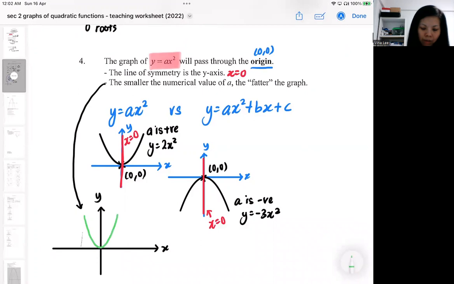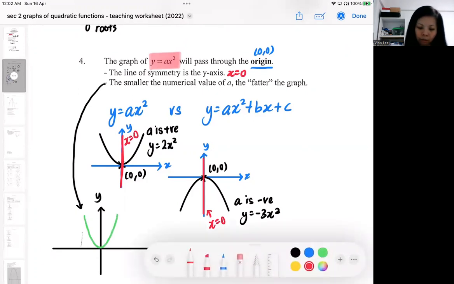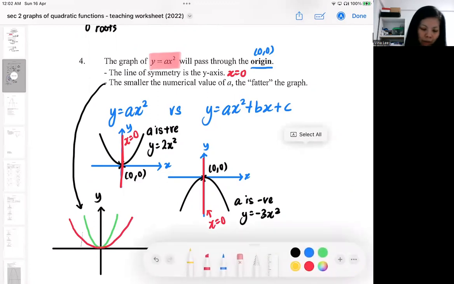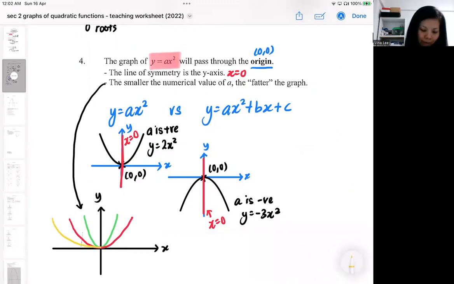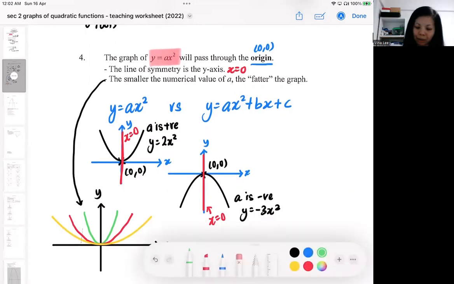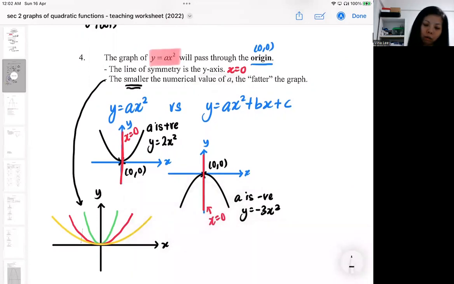I'm going to draw something like this. Obviously, the red one is fatter than the green one, and the yellow one is even fatter. So what kind of equation am I expecting? The smaller the numerical value of a, the fatter the graph is.